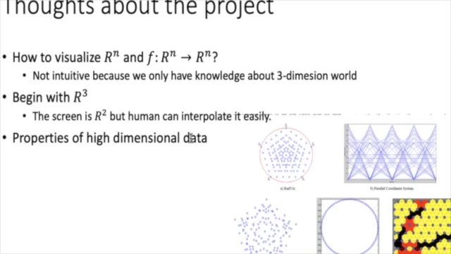And then I will find some properties of high-dimensional data. Some properties of high-dimensional data are very basic, like convexity. I think it's a way to organize the high-dimensional data.